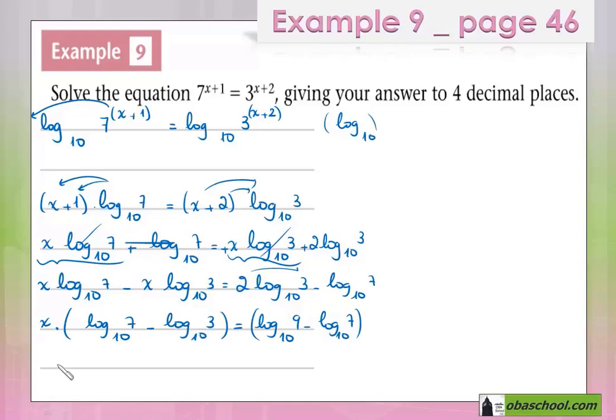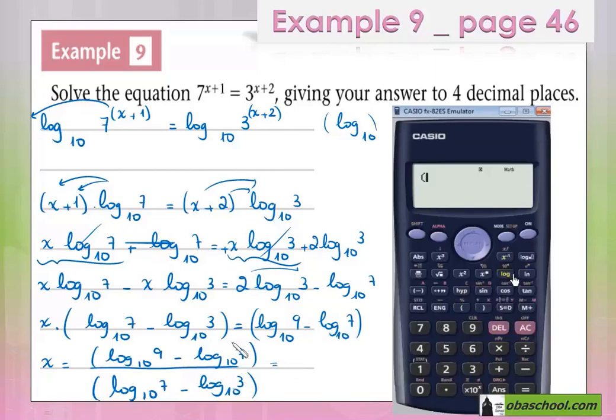Now what's left is to change this into fraction form. x equal to log 9 base 10 minus log 7 base 10, all divided by log 7 base 10 minus log 3 base 10.